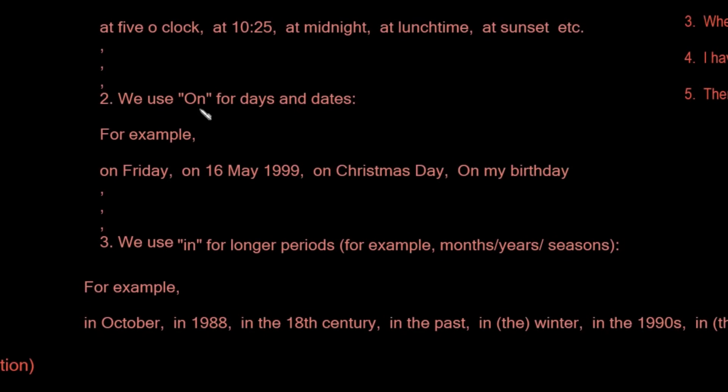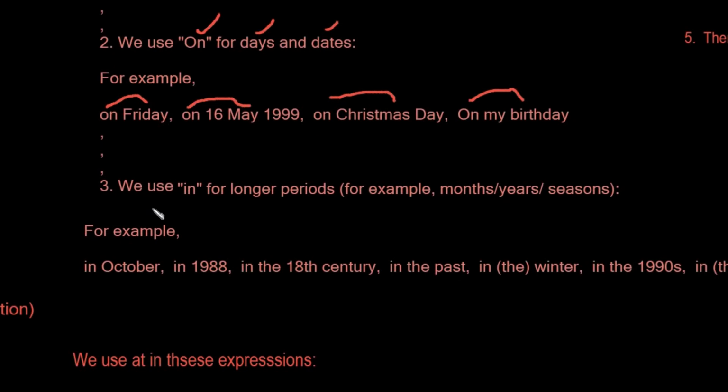We use on for days and dates. For example, on Friday, on 16 May 1999, on Christmas Day, on my birthday, etc. Just remember days and dates. We use in for longer periods, for example months, years, and seasons.